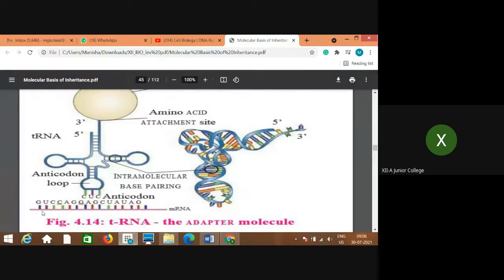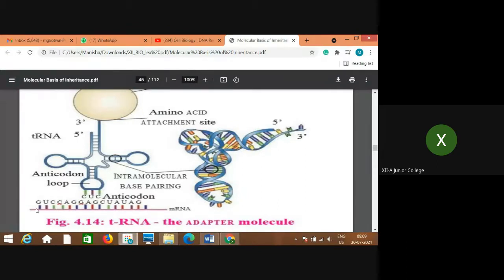It is a simple single-stranded structure on which these nucleotides are arranged in a sequential manner, and this single-stranded structure of mRNA has a 5 prime end, where I am showing you here. This is the left hand side, 5 prime end, and the other one is called the 3 prime end. That means 5 prime and 3 prime ends are present in mRNA.